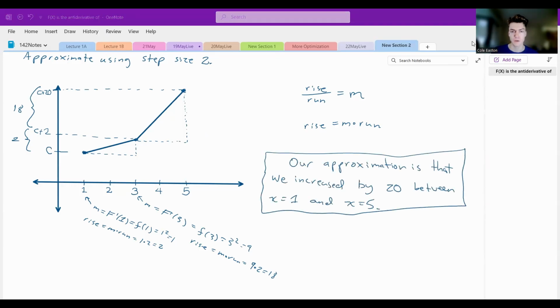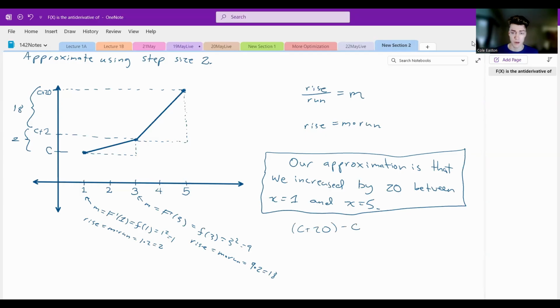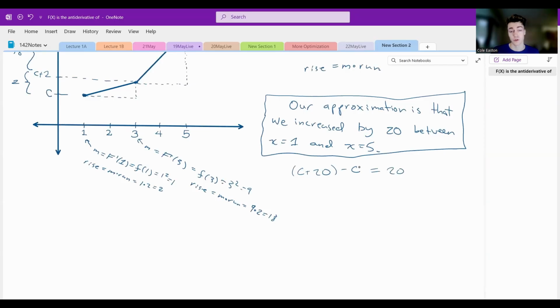I think that's pretty clear to see from our drawing, but if you did want to see that a little more formally, the distance between 2 numbers we can find by subtracting them. So we could say c plus 20, that's our top number, minus c, that's our bottom number. And of course, these c's are going to cancel out, so that gives us 20. But now let's look at what the actual answer should have been.